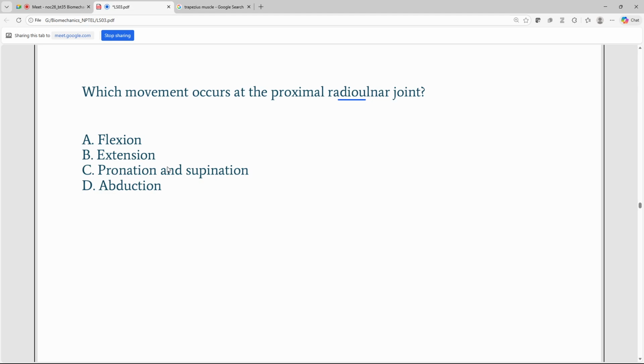So the question is, which movement occurs at the proximal radio-ulnar joint? How do you know what a radio-ulnar joint is?